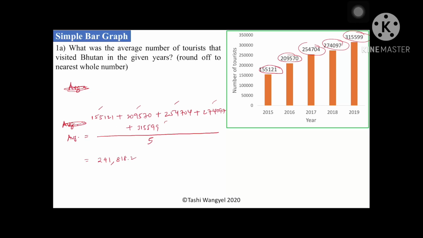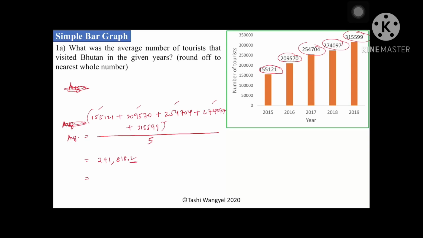The result is 241,818.2. On the calculator, open the bracket, enter the numbers, close the bracket and divide by 5. Now round off to the nearest whole number: remove the decimal part. Since the decimal part 2 is less than 5, nothing is added to the whole number.